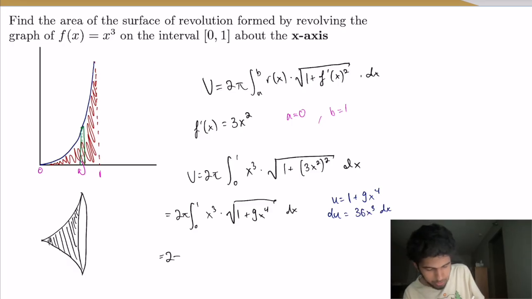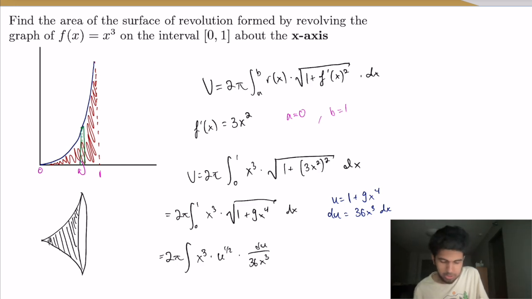So this will equal 2 pi integral x cubed times u to the 1/2 times 1 over 36x cubed, or sorry, du over 36x cubed. We do some cancellation, and we get, let's see, pi over 18 times the integral of u to the 1/2 du. That's equal to pi over 18 times 2/3 u to the 3/2.